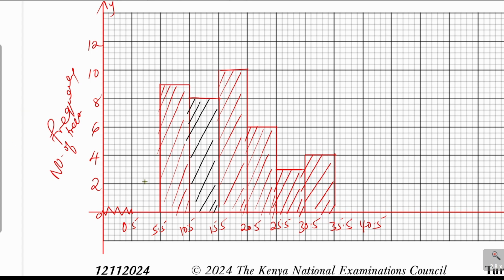So let me draw the line. The first one starts from here, and then that point, then a straight line, use a ruler for this, that point, and then from there that point, and then from there that point again.